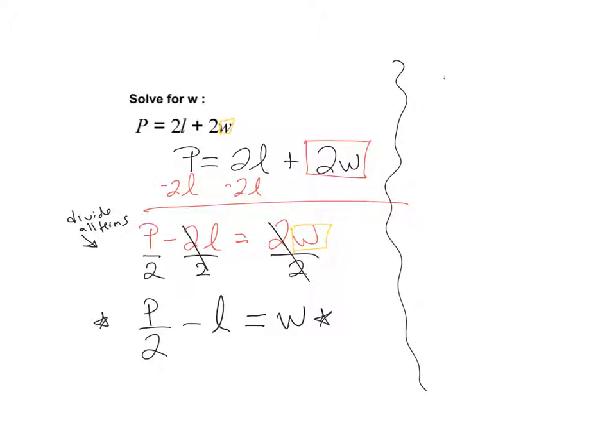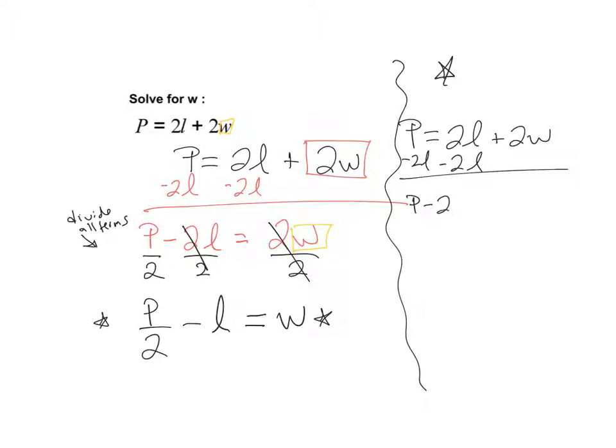All right, I told you I wanted to show you this in another form also. So if I go back to the original equation, P equals 2L plus 2W, and I'm going to follow those same first steps where I'm getting the 2W by itself. I've got P minus 2L equals 2W. Here's a mistake, and I shouldn't really say that it's a mistake, but here are some steps that some students tend to take.